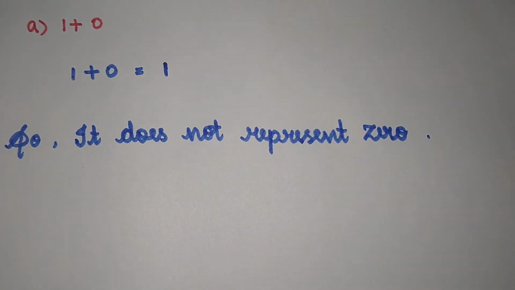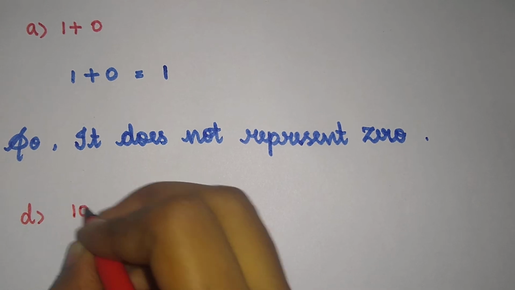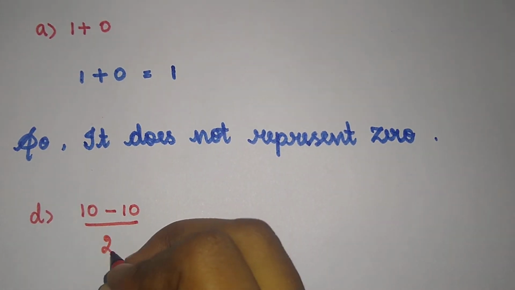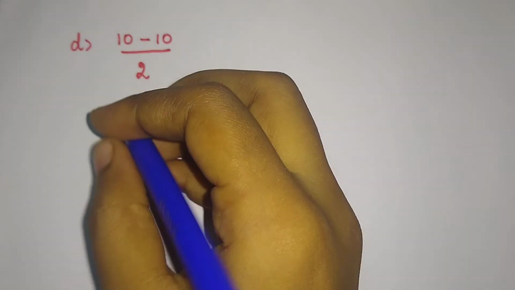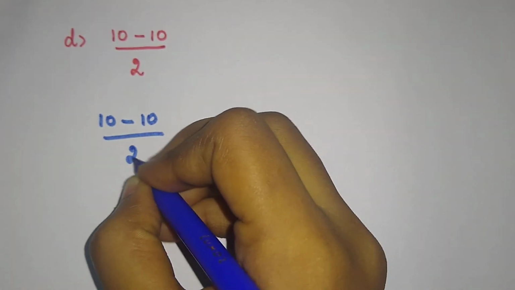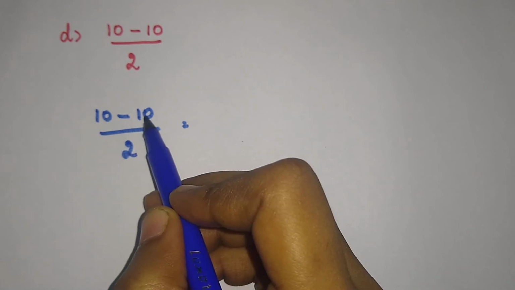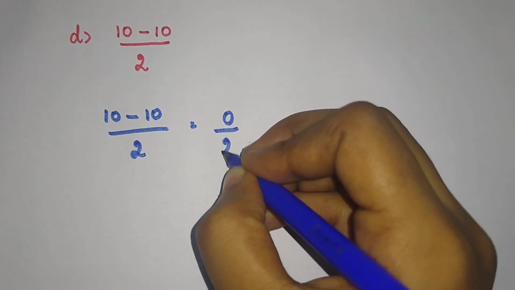Next, let us take the D subdivision. 10 minus 10 divided by 2. These are same numbers. 10 minus 10 is, the answer is 0. 0 divided by 2.